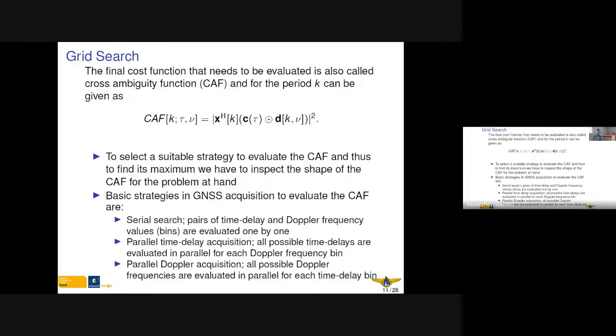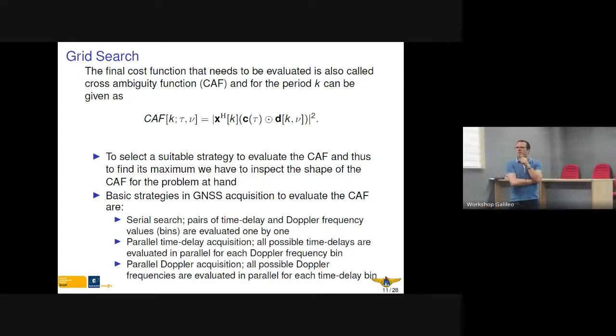So we use pairs of time delay and Doppler frequency values. They're called bins, and we evaluate them one by one in a certain strategy, until we find a value that's above a certain threshold that we will use.